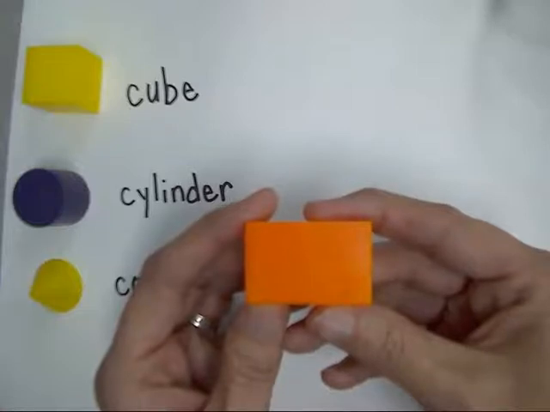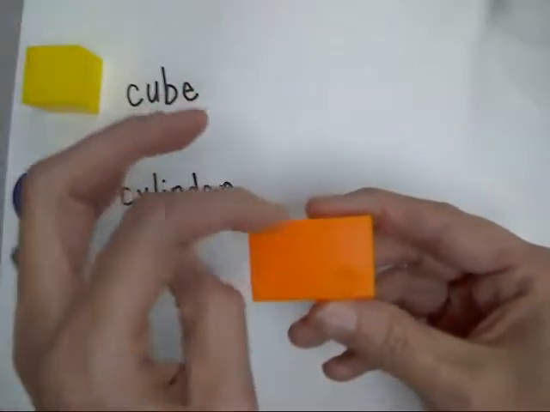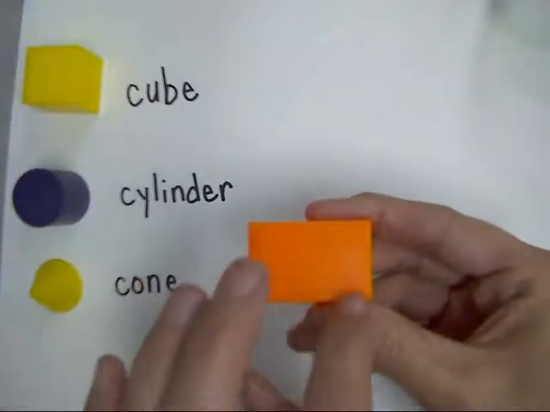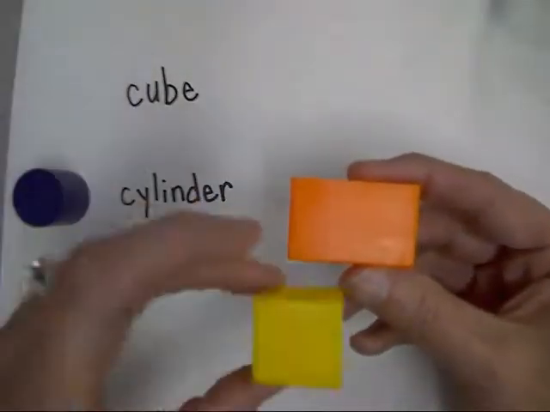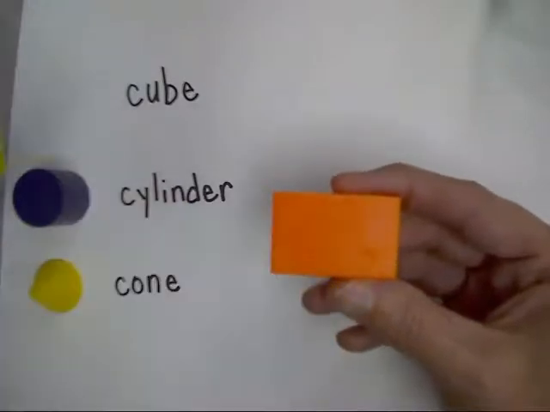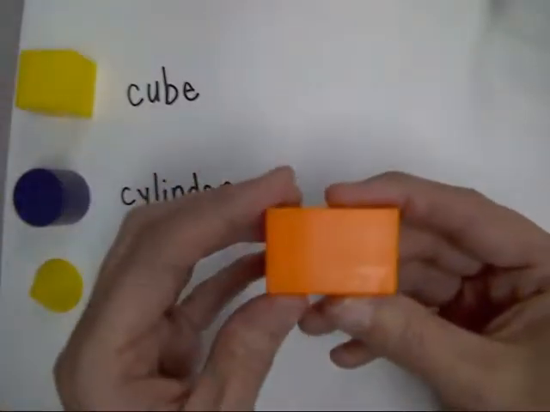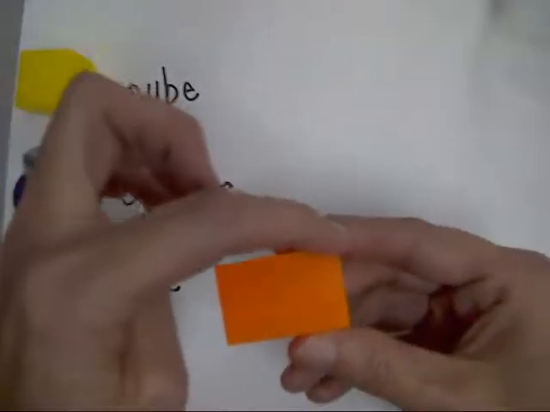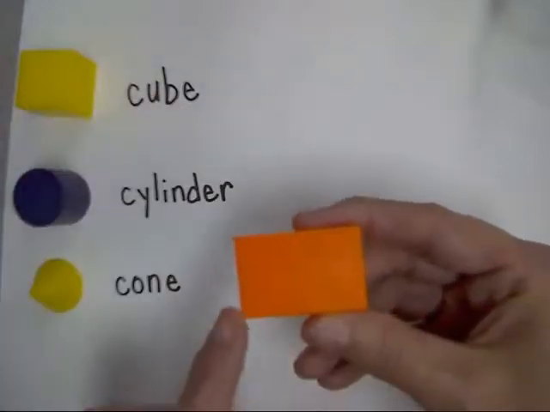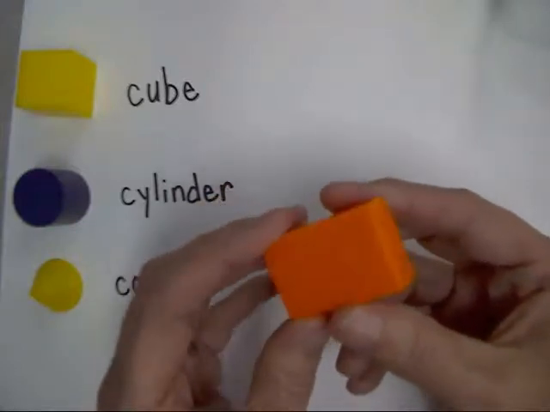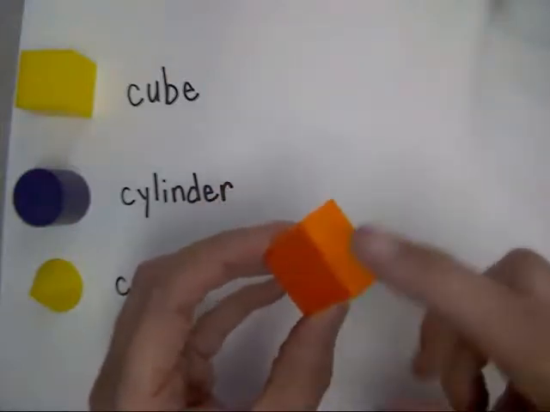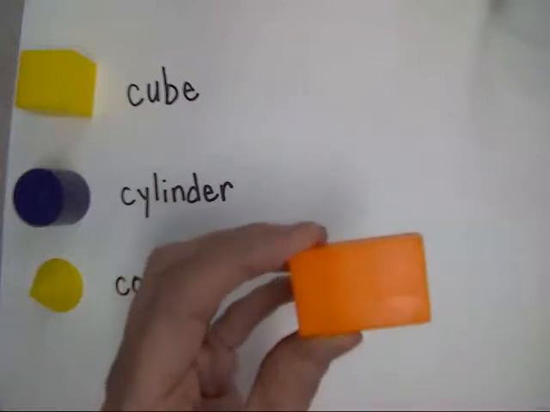That's right, that's a rectangle. We know because it has 4 sides. It's not a square because the sides are not the same length. It has 4 vertices or corners. But this is not flat. It pops up. It has some height to it.